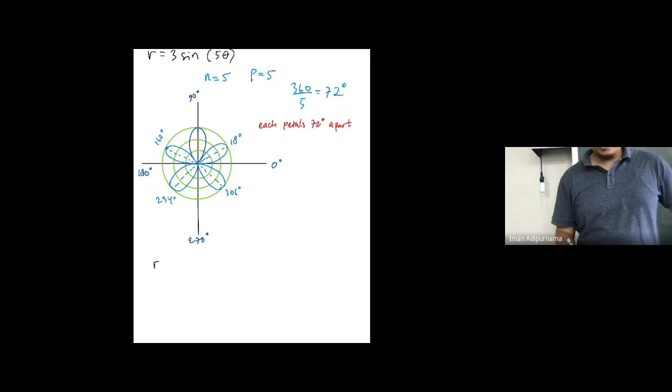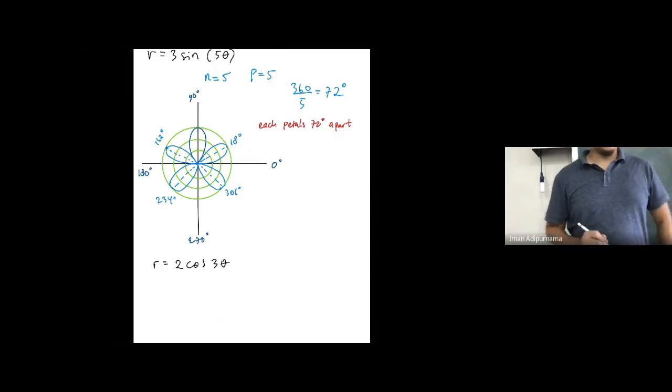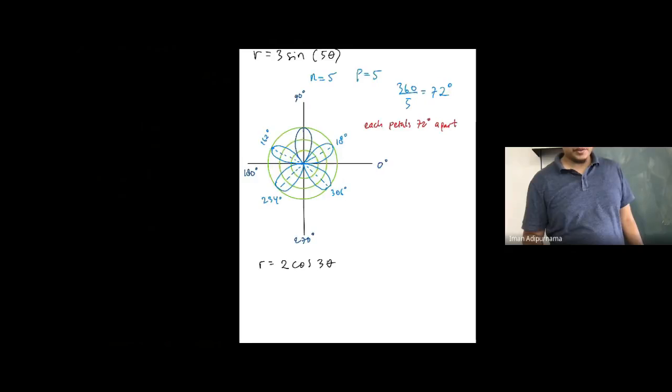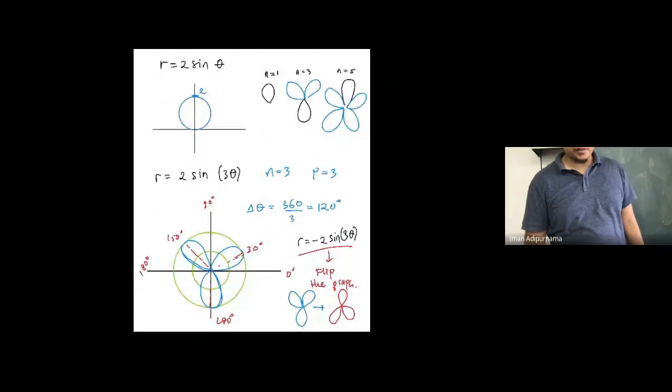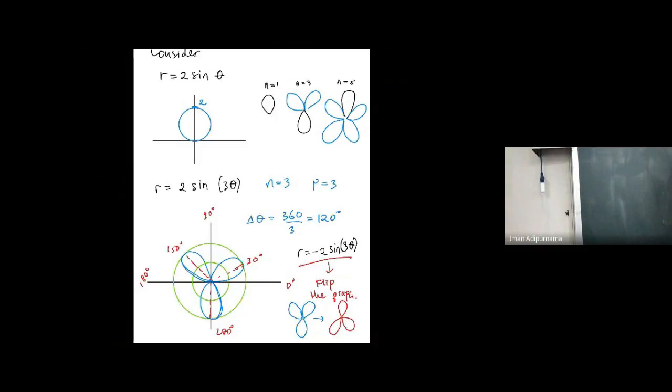Now if you have r equal to cos 3 theta, okay, remember you have sine 3 theta is like this, right? The sine is like this.